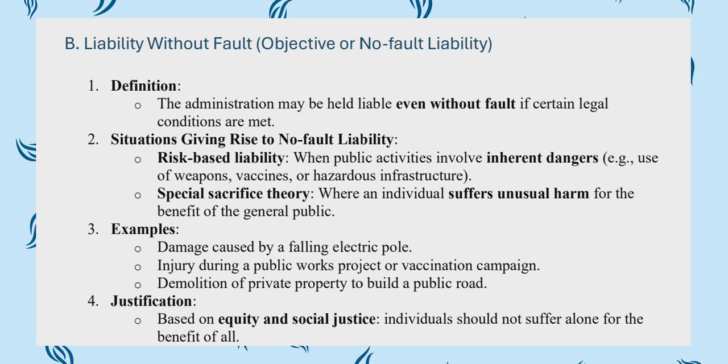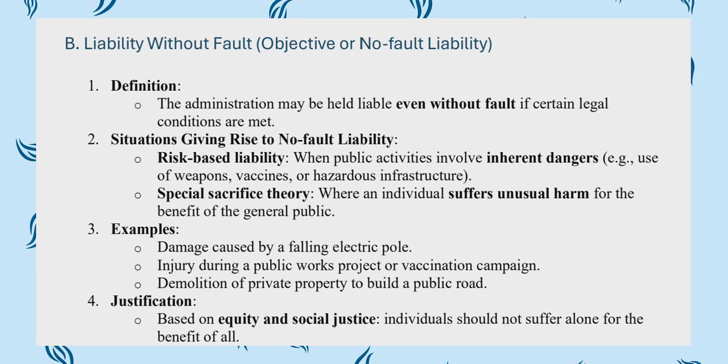Then the second type of liability now is liability without fault. So the point here is that the administration may be held liable even without them committing a fault. They have followed the law in the exercise of their duty. They were very careful. There's no trace of negligence at all, but they can still be liable.